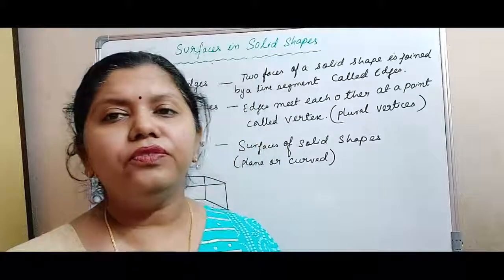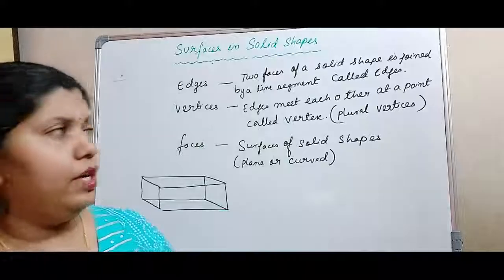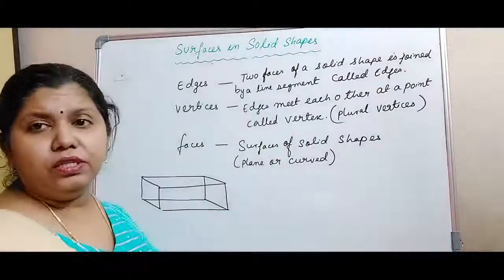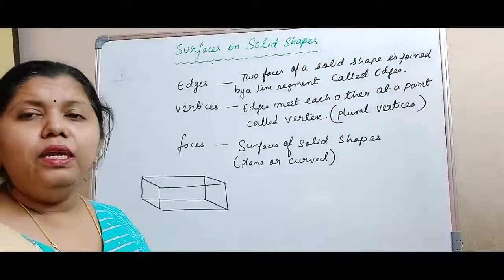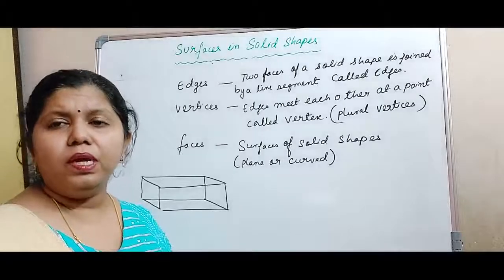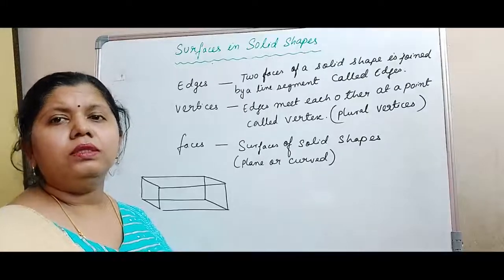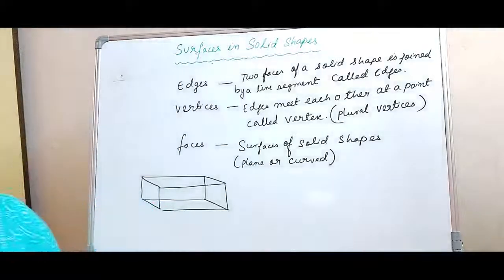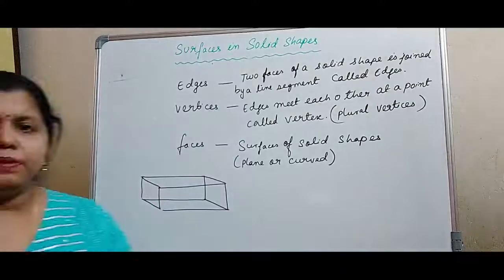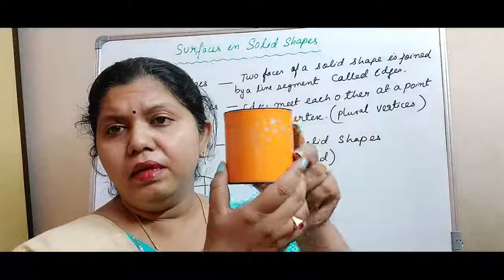Now let us look at the different terms that are used in solid shapes. First of all is edges. What are edges? Any two flat surfaces in a solid shape are joined through a line segment. That is called the edge. Suppose I take a cylinder.